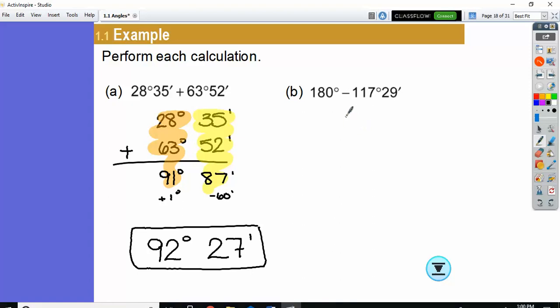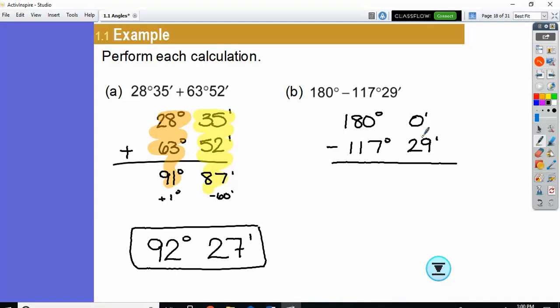Let's look at a subtraction problem. 180 degrees minus 117 degrees, 29 minutes. I don't have any minutes here, so if you want, you could write a 0. So think back when you first learned how to subtract.